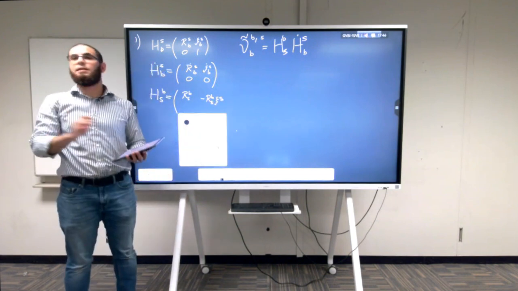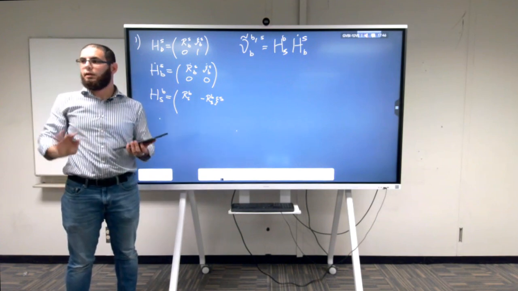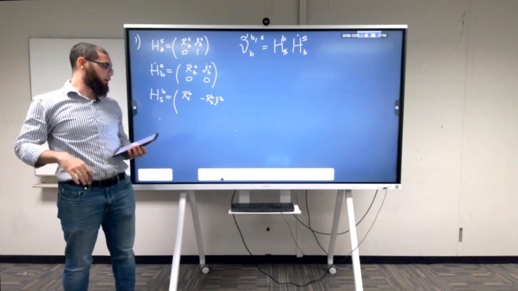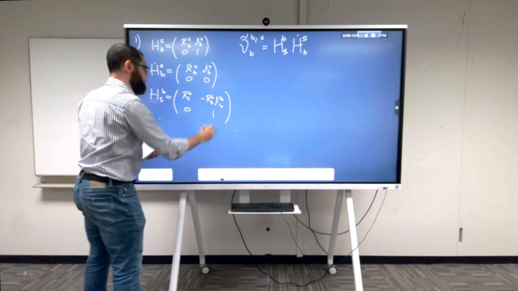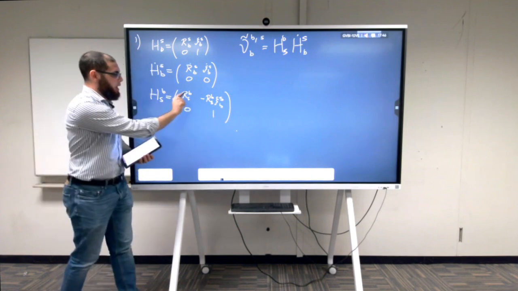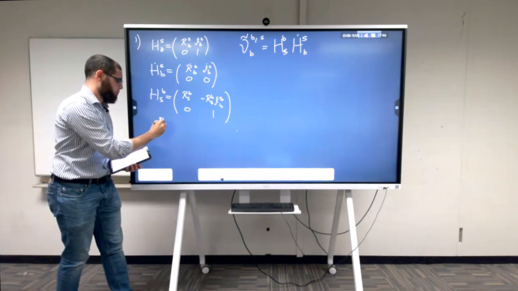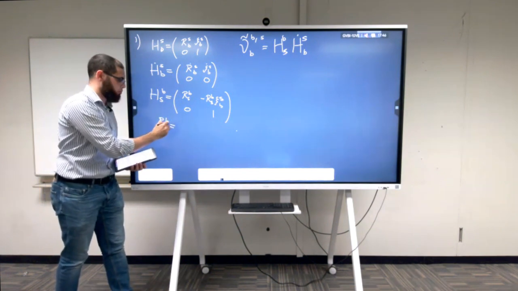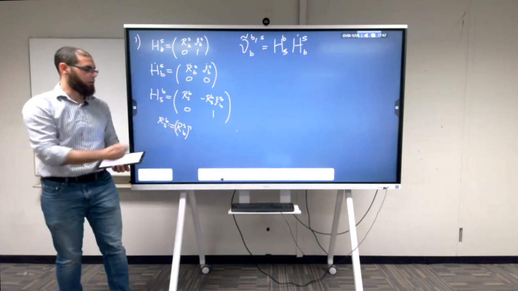You can never make mistakes in this. Even if you don't remember any of the formulas, you can always recover them at any point, even if you're on an island alone. And this should be the B. This is 0, and this is 1. The R S B is just another name for what? R B S transpose. Okay.